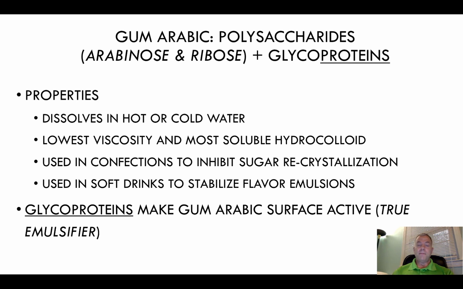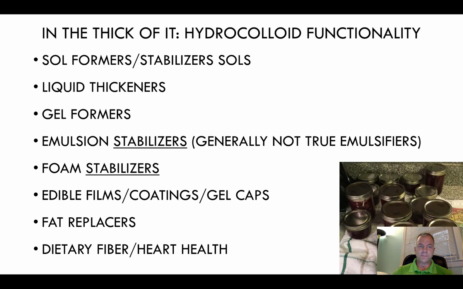All right. So the idea is that because it incorporates proteins as well as these other more traditional hydrocolloids, non-starch polysaccharides, this can act as a true emulsifier. So it can do what other protein and lipid systems do and truly emulsify materials.